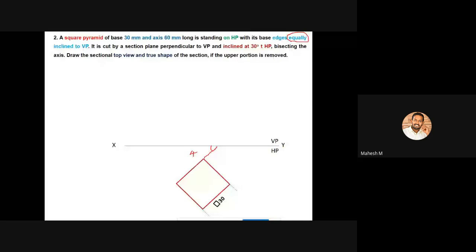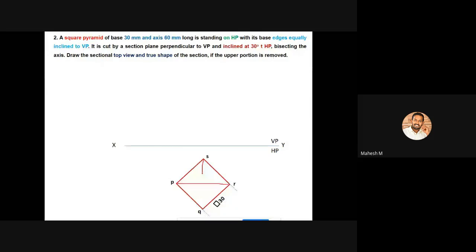Then you can project your, sorry, before that you have to mark the notations. Since it is a square pyramid, not a prism, you have to join the corners with the center point.